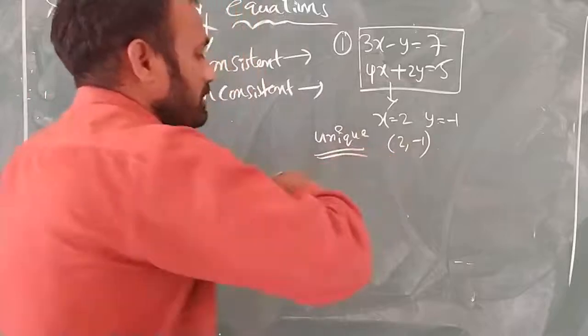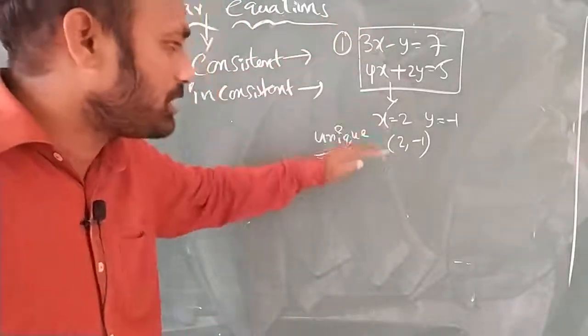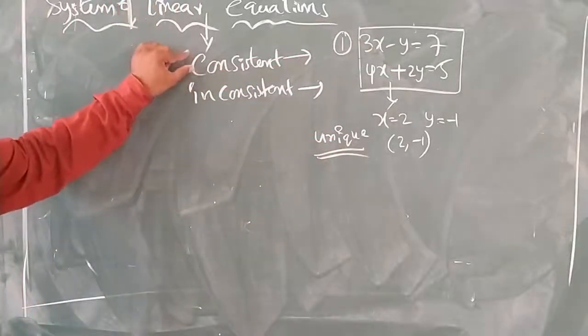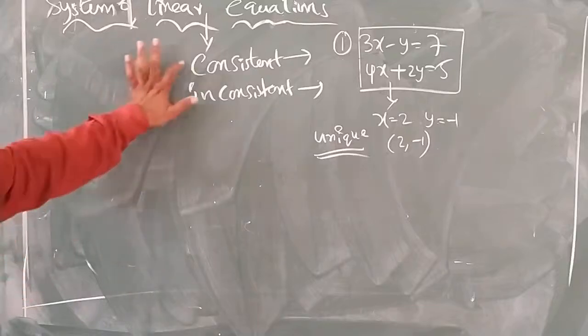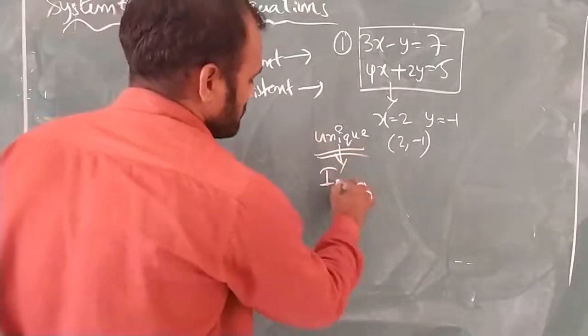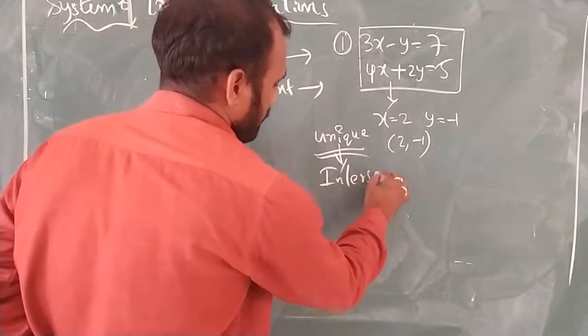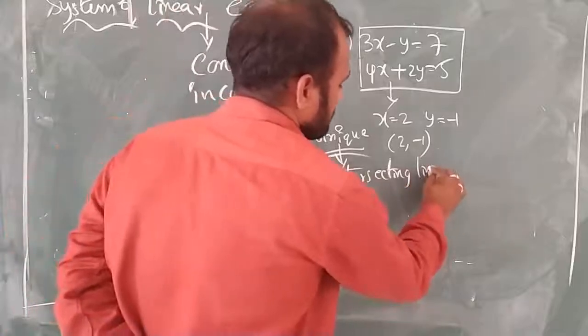So if your system of linear equations represents only a single solution, then we will call that system of linear equations consistent. If they are consistent, the lines will be intersecting lines.